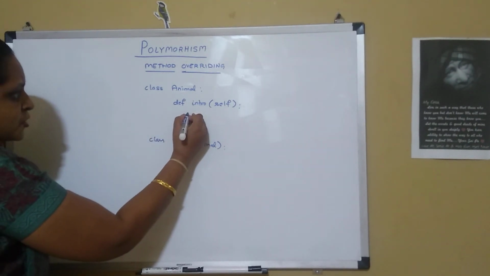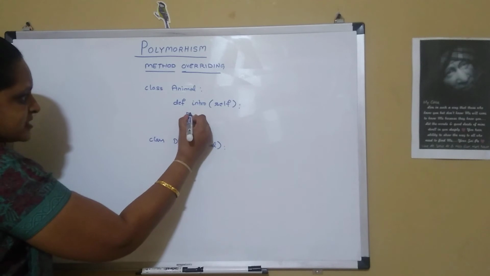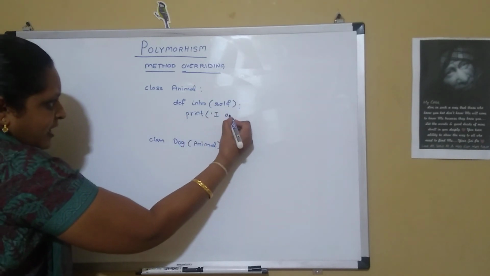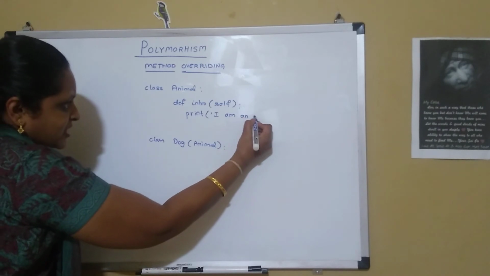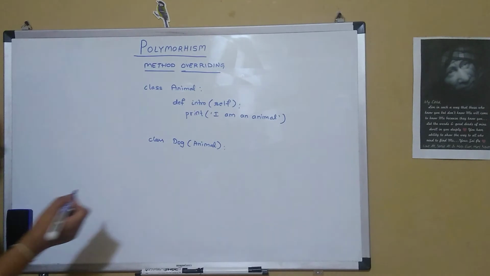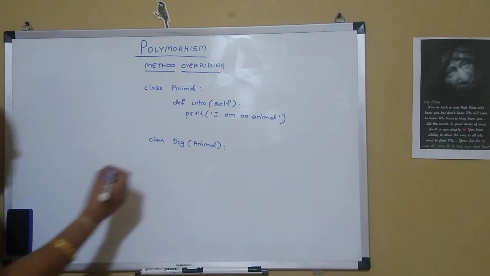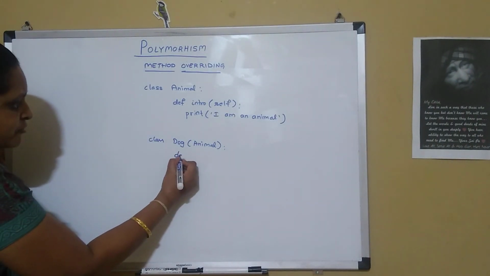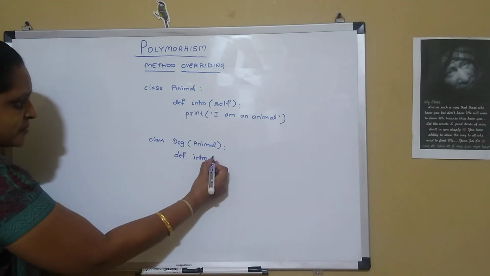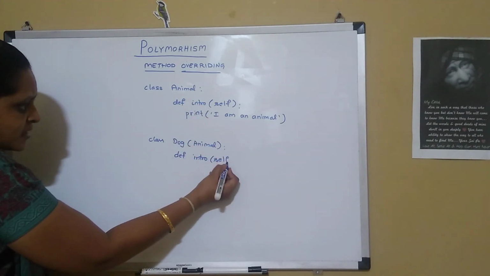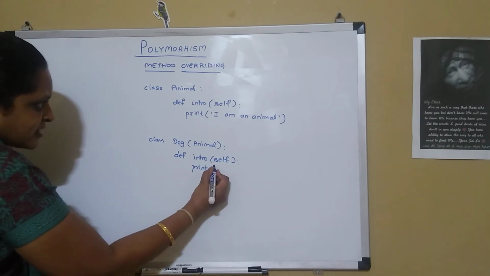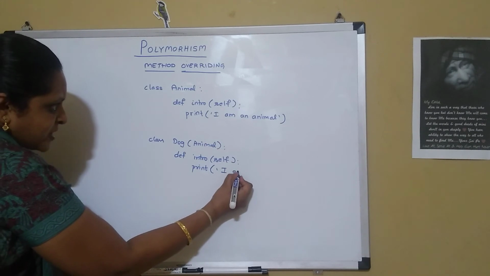Now in the intro method of Animal, let me write print I am an animal. And now in the derived class, for the same intro method, I am giving a different implementation, that is, print I am a dog.